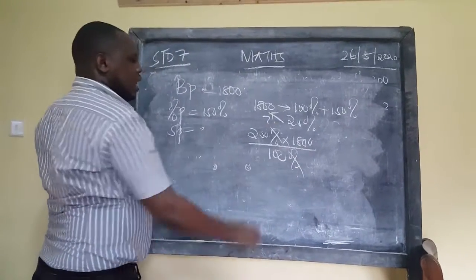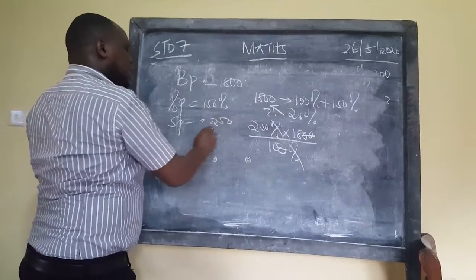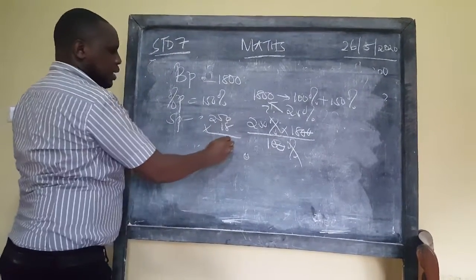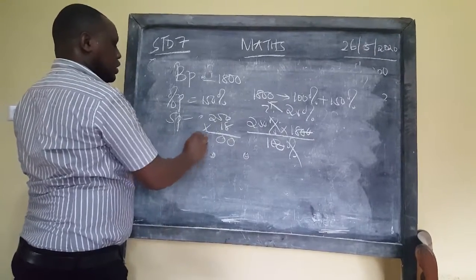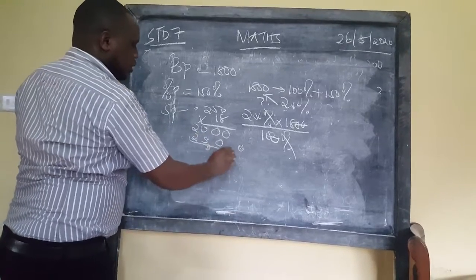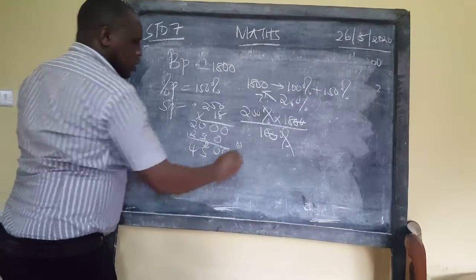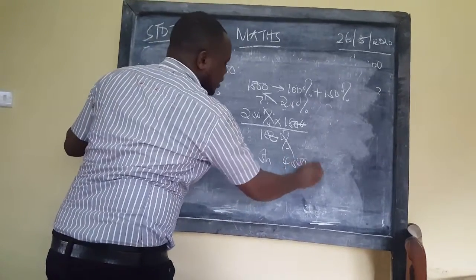This will cancel, this will cancel. You remain with 250 times 18. That gives 4,500. So he sold the maize at 4,500 shillings.